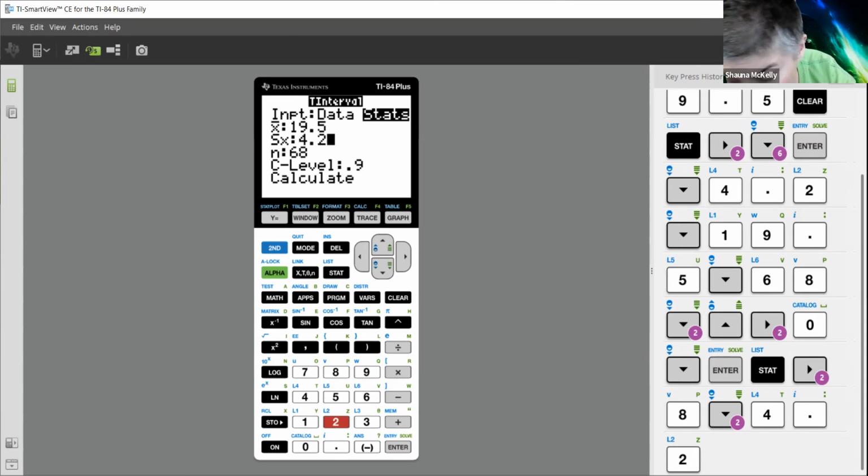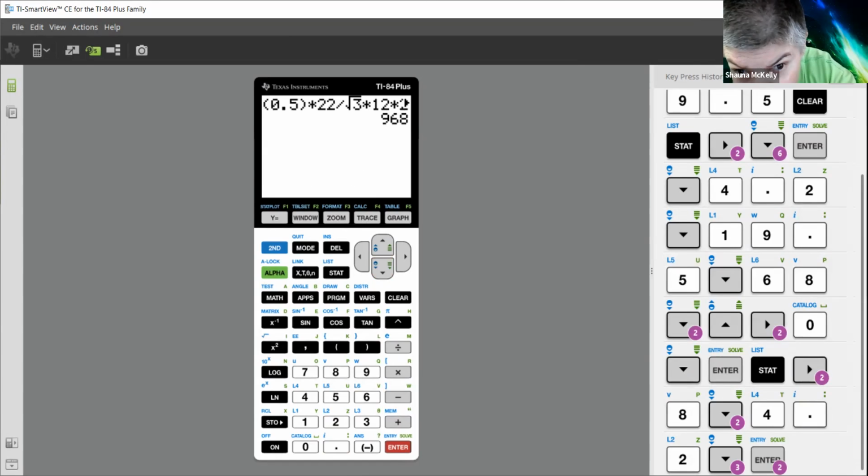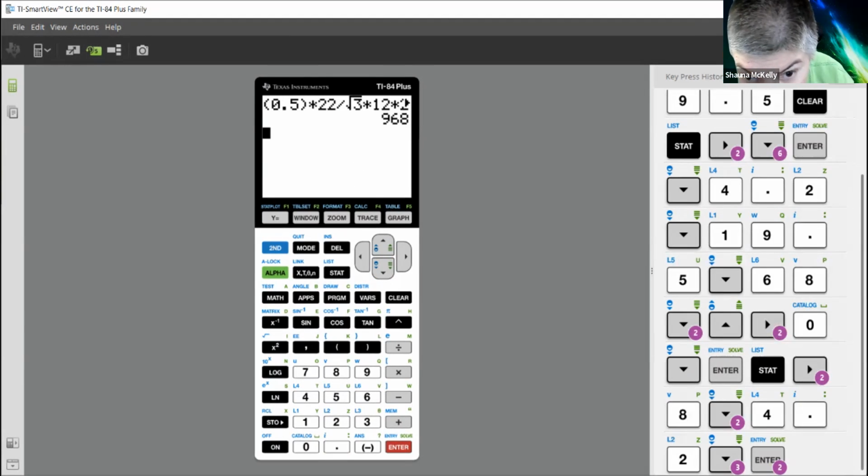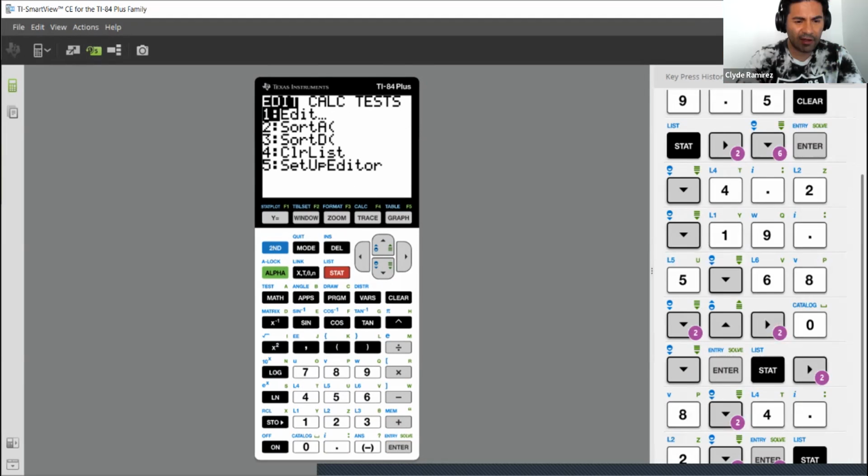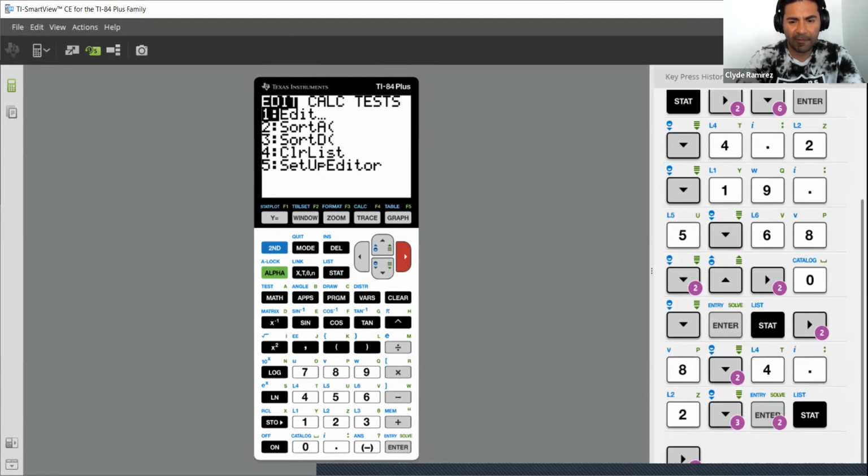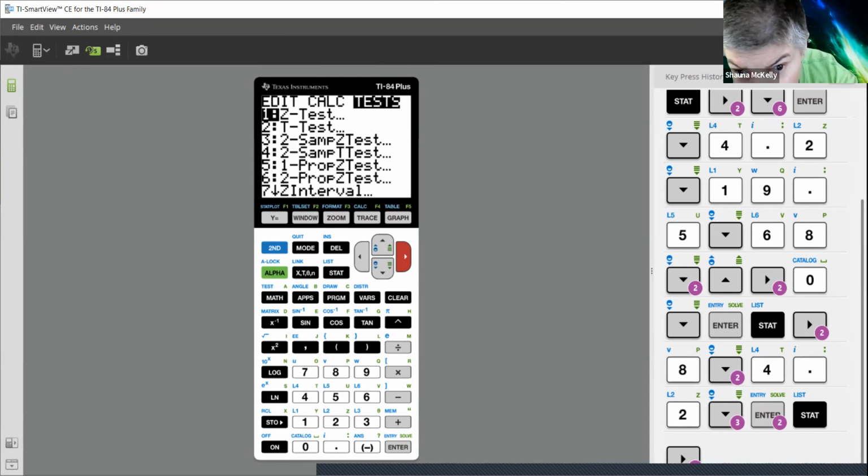And I have my interval as 90 and I calculate that. I get 18.65. Is that what they used? Yeah, Shauna, that's what they use.